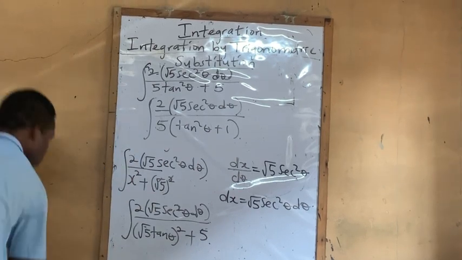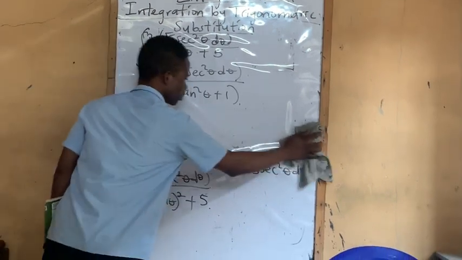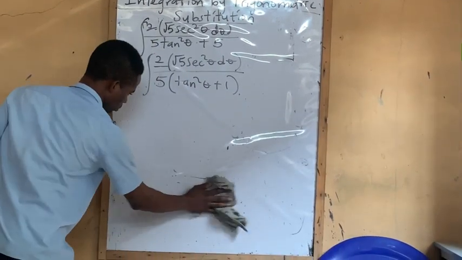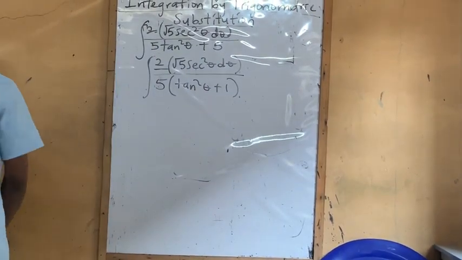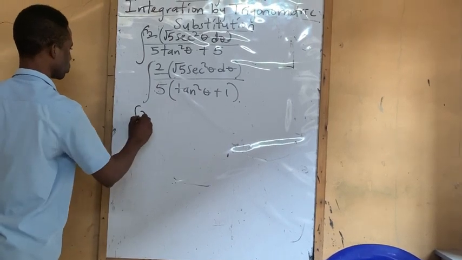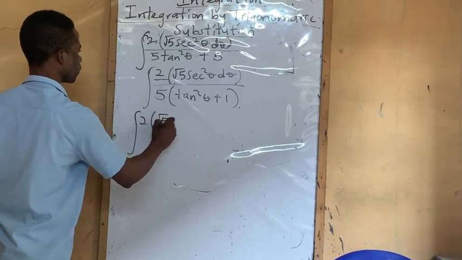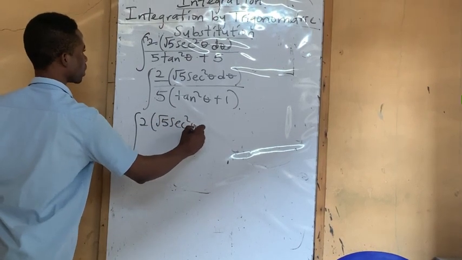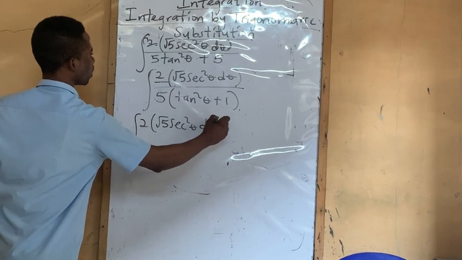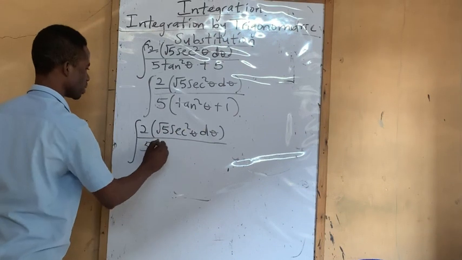So after that, what do we do? We are having integral of 2 into bracket square root of 5 sec square theta d theta all over 5. What is tan square theta plus 1? That is sec square theta.